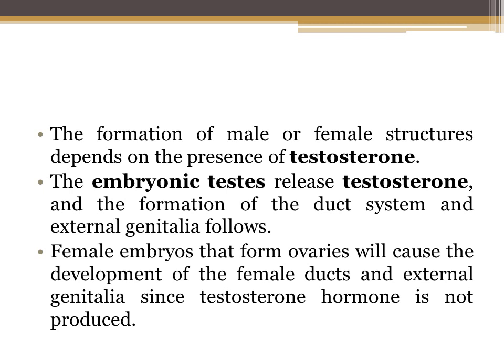So the male and the female reproductive systems look alike at first, but they are in different stages. This is due to the presence of testosterone. As you can see here, the formation of male or female structures depends on the presence of testosterone.